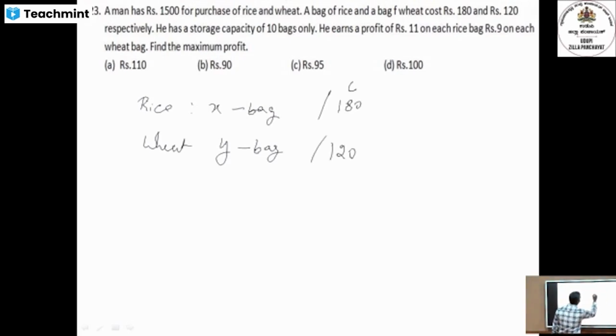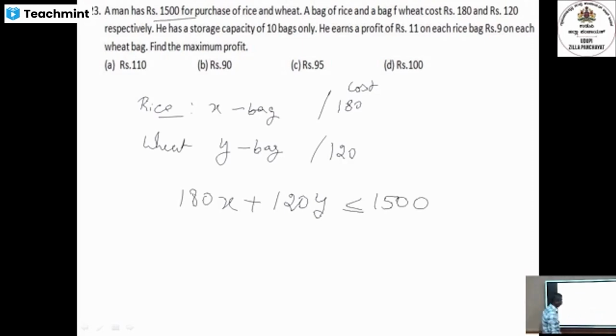This is the cost. So if he has purchased x bags of rice and y bags of wheat, he can invest only up to how much? 1,500, or he can not invest at all. Maximum he can use 1,500 rupees. So that's what the first condition gives.